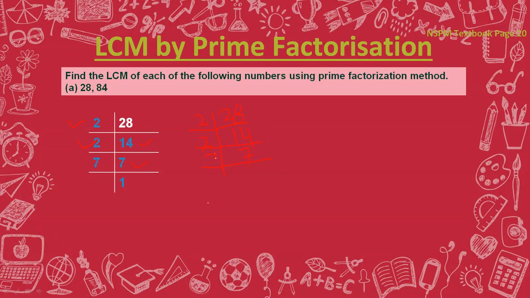But 7 comes in its own table. Yes, I can divide it by 7 because 7 is the next prime number. 7 ones are 7. Now, can I solve further? No. I have to stop here when I get 1.